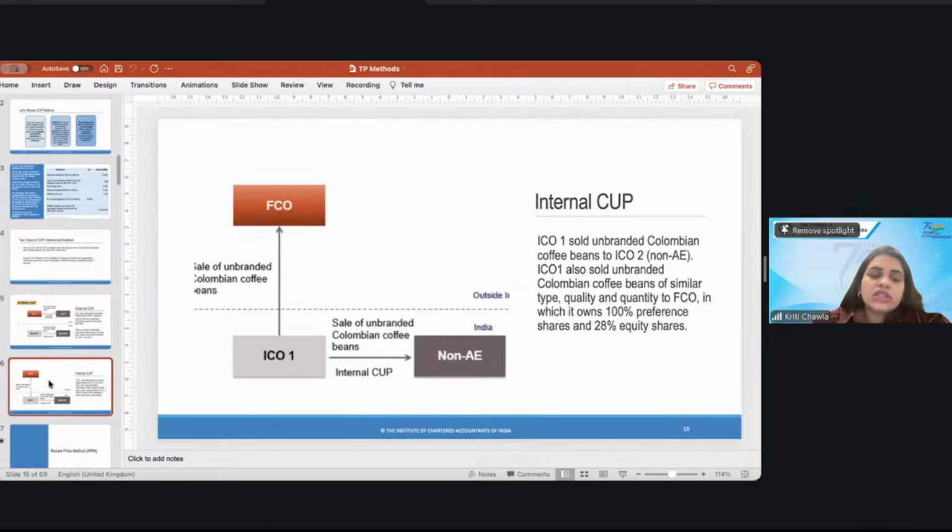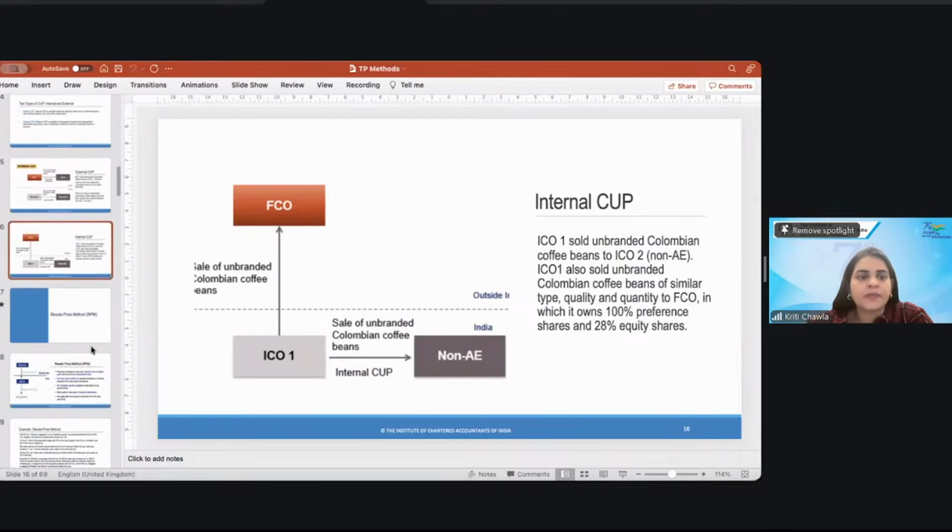However, internal CUP was something which was internal to the organization. When I say internal to the organization, it basically means that a party is selling a commodity to a related party, and they're also selling the commodity to an unrelated party. So you can adopt the unrelated party price to benchmark the related party transaction. That is called internal CUP.